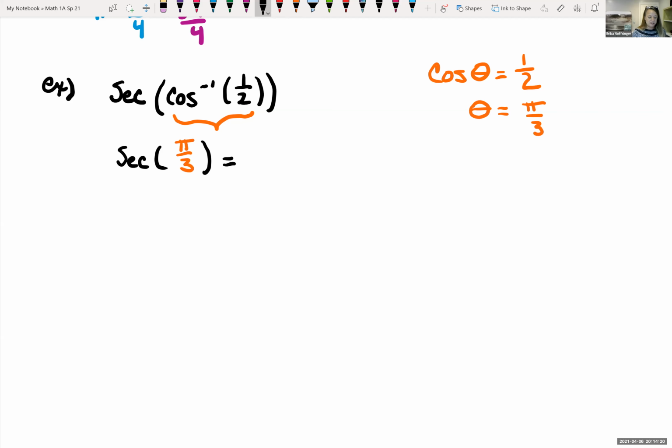If you don't have secant memorized, as long as you have cosine and sine memorized of these angles, you can always get the other ones. So we can rewrite that in terms of cosine. This is the same thing as 1 over cosine of pi/3. Well, cosine of pi/3 is 1/2. So this is 1 divided by 1/2, which is the same thing as 2.